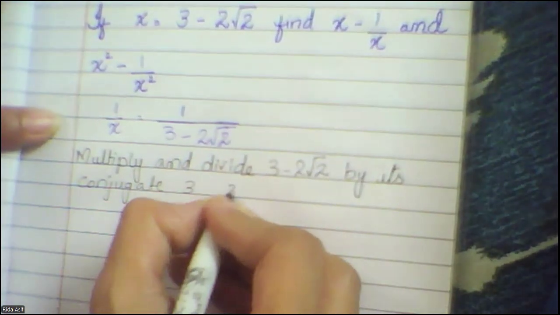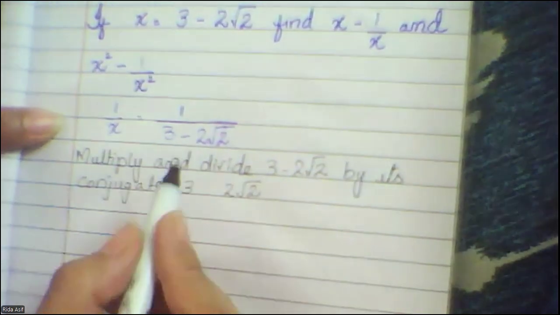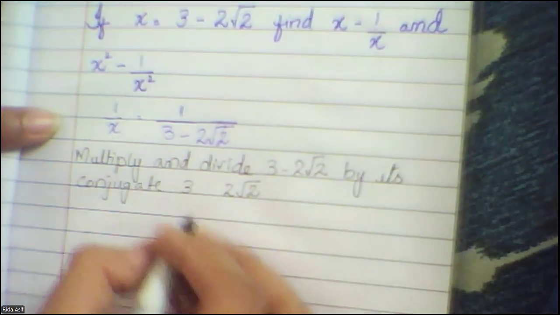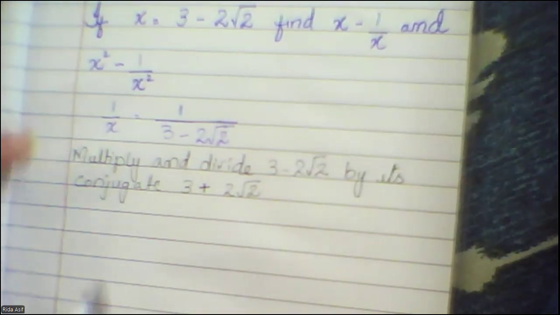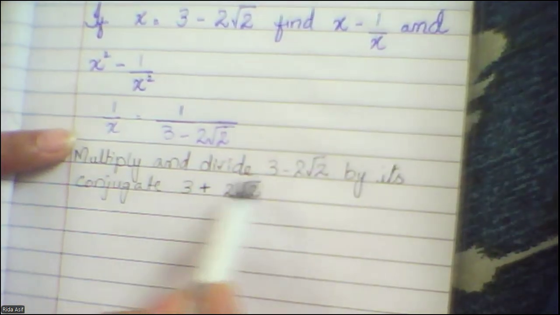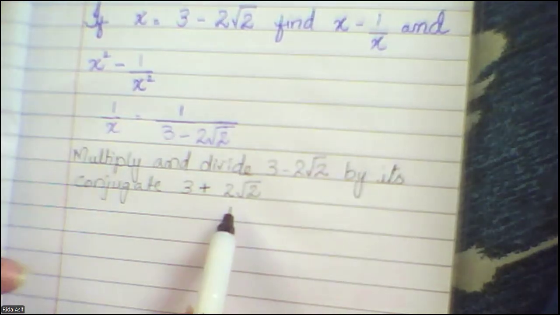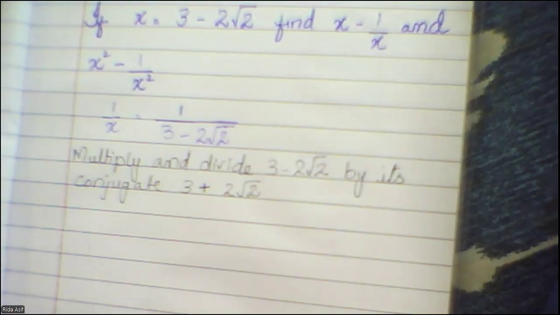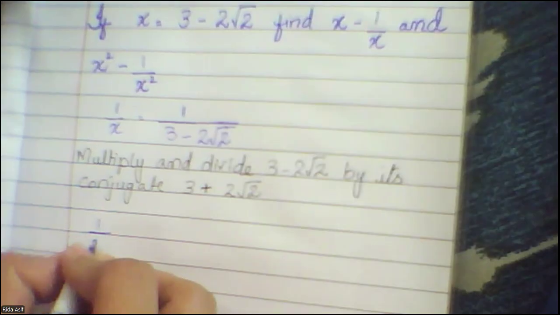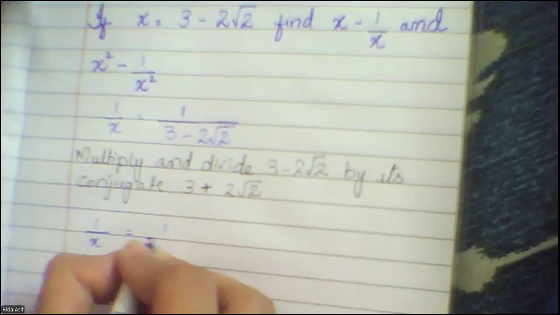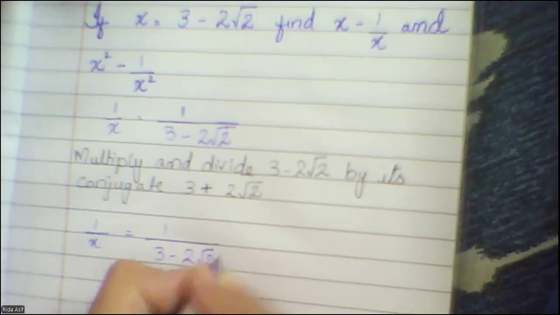The numbers will remain the same, only we have to change the sign. If there is a minus sign, it becomes plus. Clear? First, we have to multiply and divide this denominator by its conjugate. So, by multiplying and dividing it by its conjugate, we get terms like this.